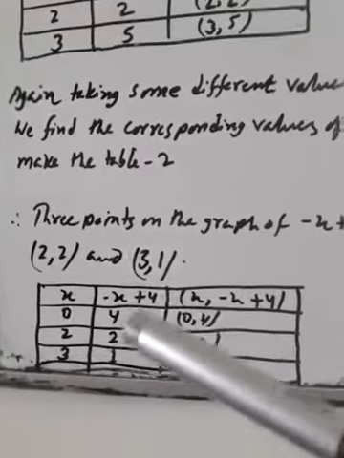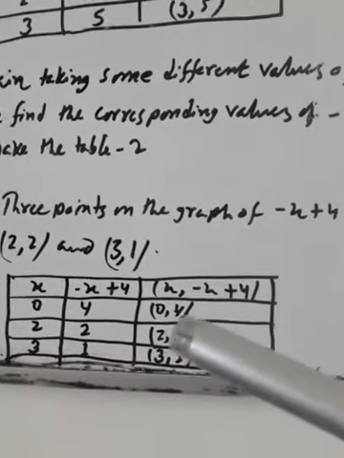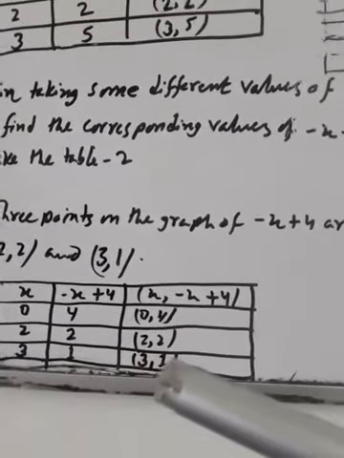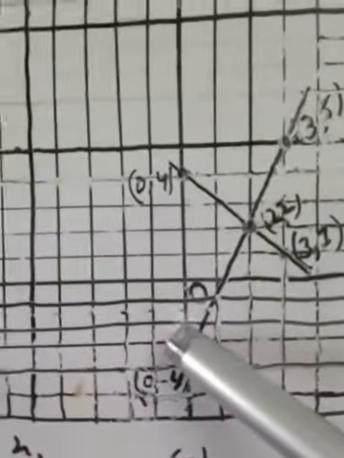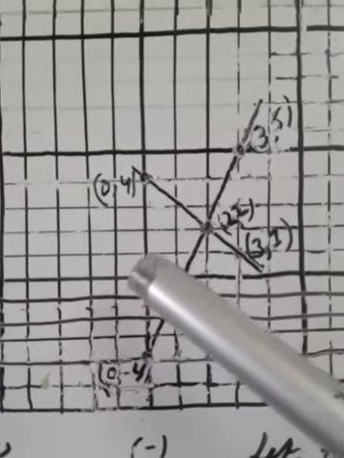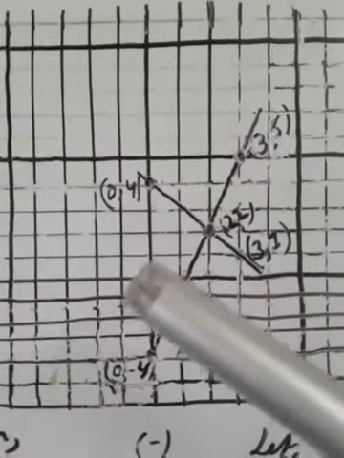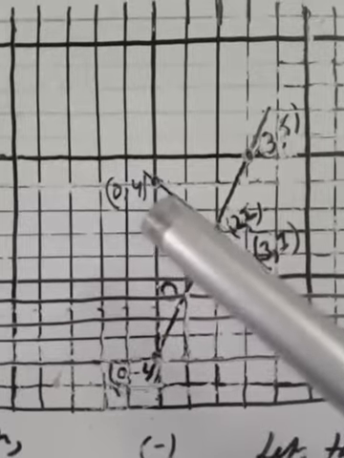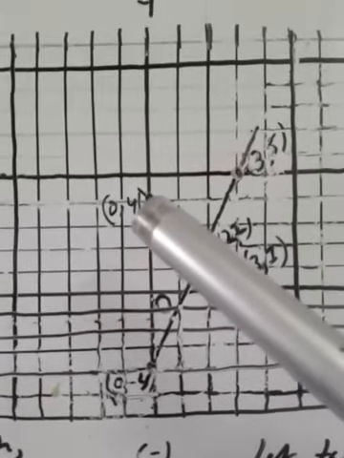In the second table, we have got 3 points (0, 4), (2, 2), (3, 1). 0 and plus 4: this is 0, 1, 2, 3, 4, this is (0, 4).